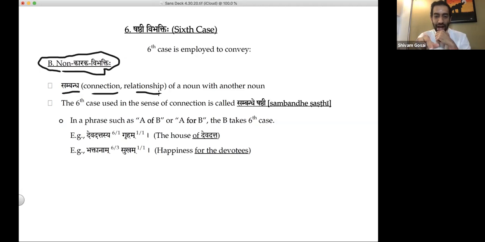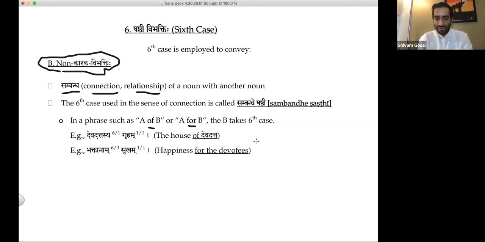Or you can see A for B. Bhaktanam sukham. Happiness, sukham, for the devotees, bhaktanam. A for B. So you really want to highlight those words, of or for, when you're translating.